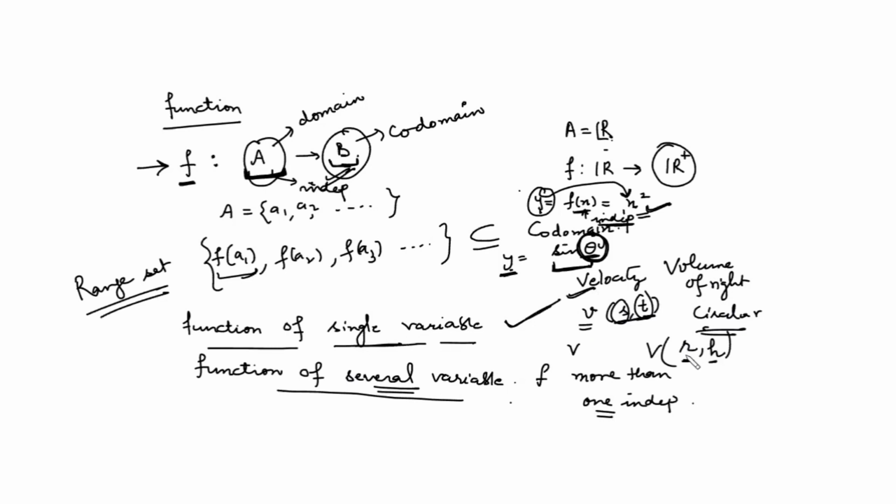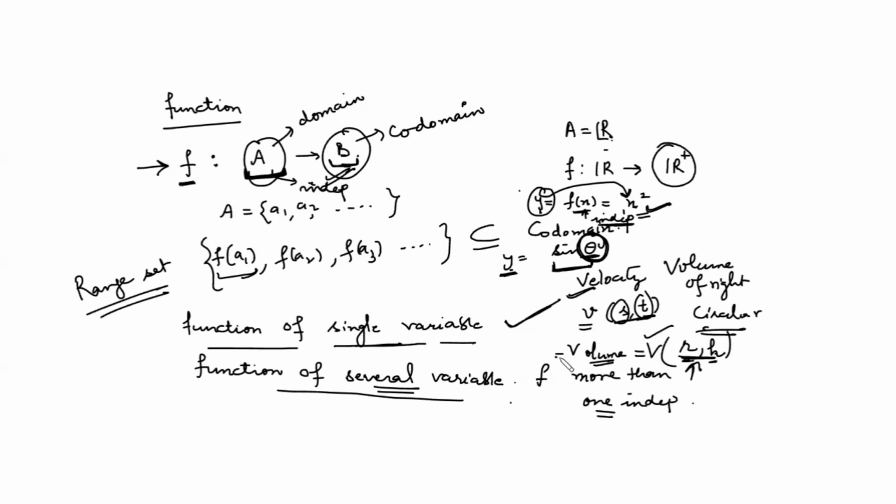If you know the value of the radius and the value of the height, you can calculate the volume of the right circular cylinder. So these are functions of more than one independent variable, meaning functions of several variables. These R and H are the input variables, and after applying this mapping V, you get a single value, which is the volume in this case.